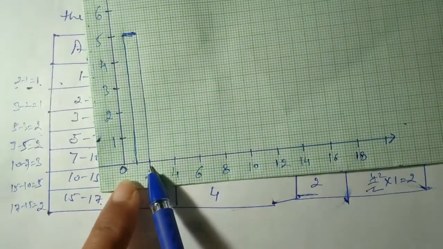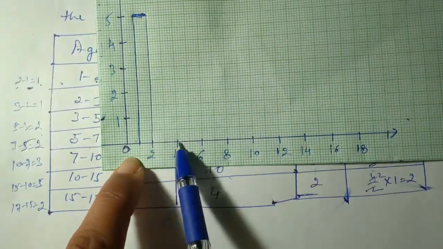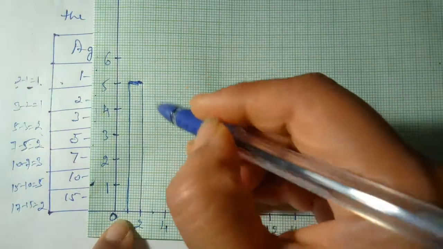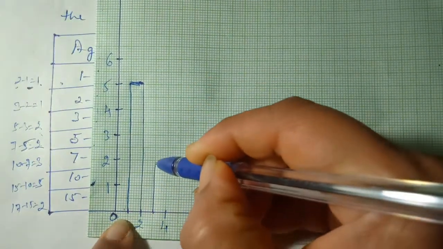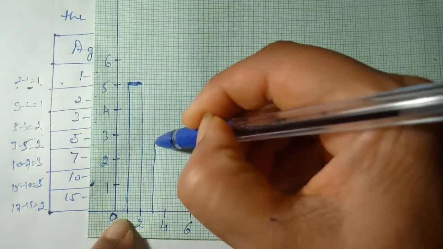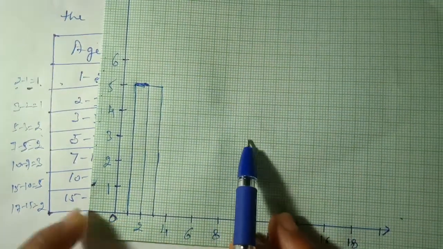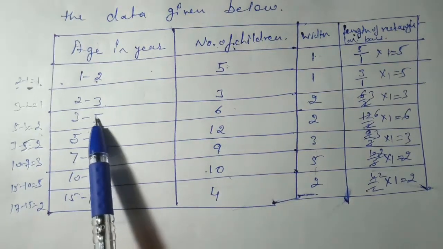Move to the next, 2 and 3. 2 is over here and 3. 3 again will lie between 2 and 4. This way we are going to extend up to 5. Again it will be extended up to 5. So the same point we have to take, and extend it up to 5. So both of them are the same. Next, 3 and 5.